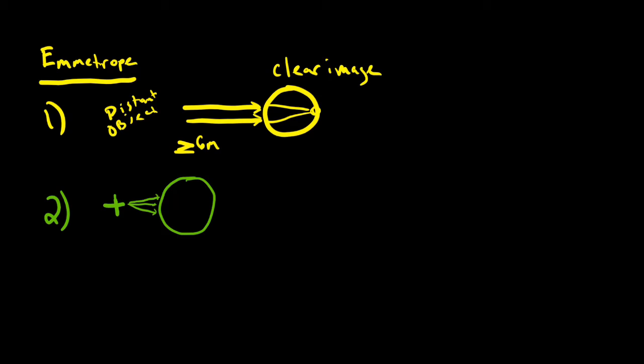So it's going to converge them, but it's not going to converge them right at the fovea anymore because the rays are divergent. So that you can only increase the refraction angle so much. So what'll happen is those rays of light will converge, but they're going to converge at a point behind the retina now.